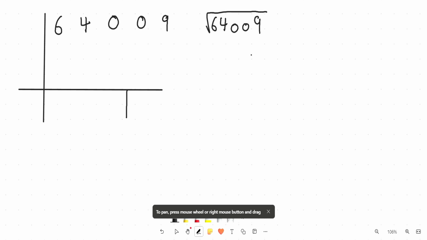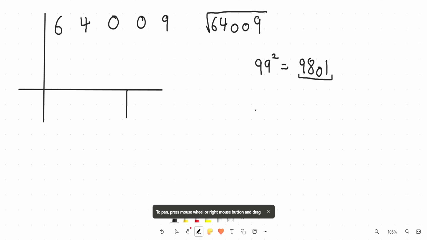By mere observation, you can see that the largest 2-digit number, 99, squared would be, what do you think it would be? It would be 9801, which is 4 digits. So this one has to be minimum 5 digits. Am I right?